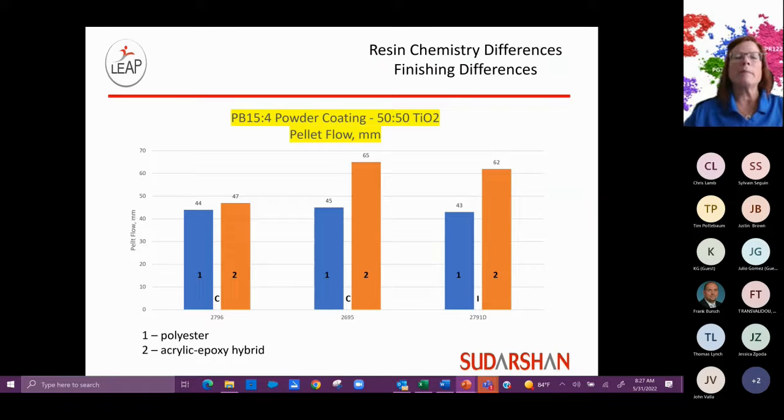So if we just compare the polyester formulation, all three grades of pigments perform equal, so there's no difference between the two. However, if you shift over to the acrylic epoxy hybrid, here we begin to see differences within the grades as well as across grades.